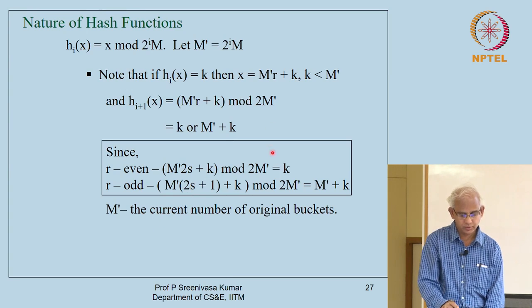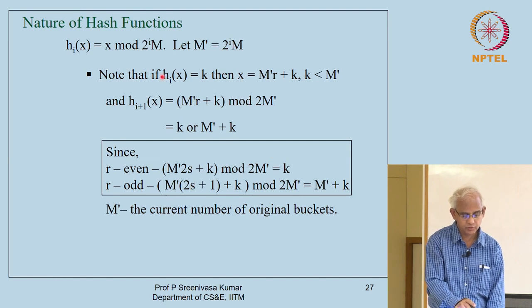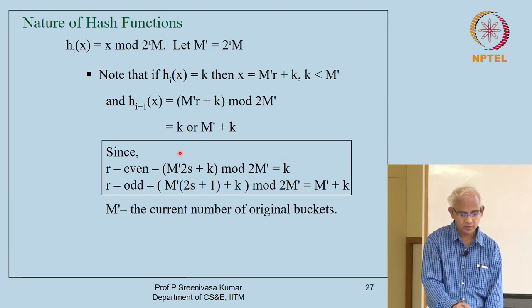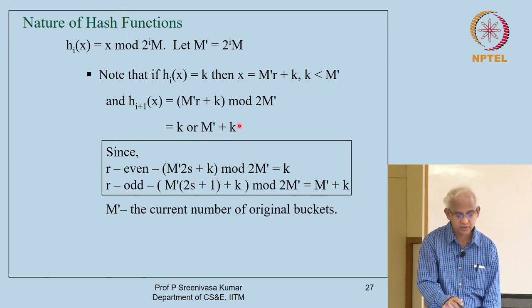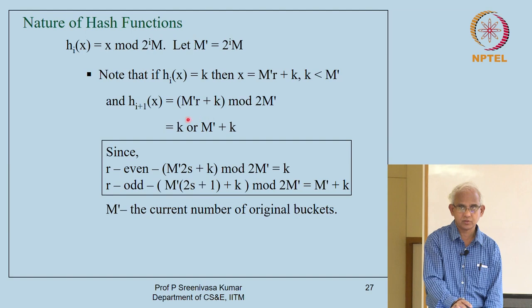So, you are guaranteed that if you use the h_{i+1} hash function on the bucket number, you either get the k that you used to get when you apply the old function, or m' plus k. This is a crucial requirement for us, because this m' plus k is our split image for bucket k.